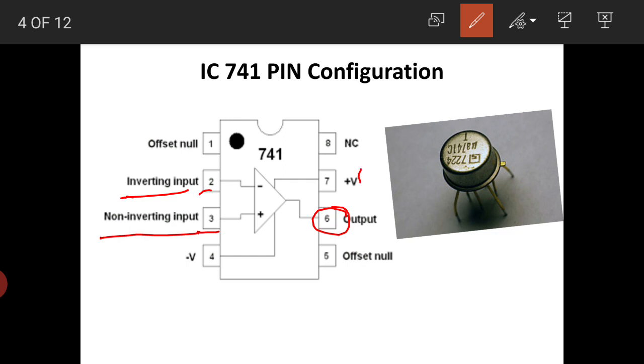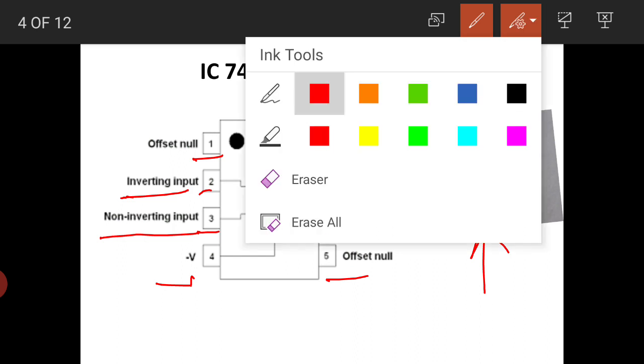The plus VCC is provided at the 7th pin and the minus VCC at the 4th pin, and the 5th pin and 1st pin are for the offset value. The 8th pin is not connected, meaning this pin is not in use. This is how the IC 741 op-amp looks like.